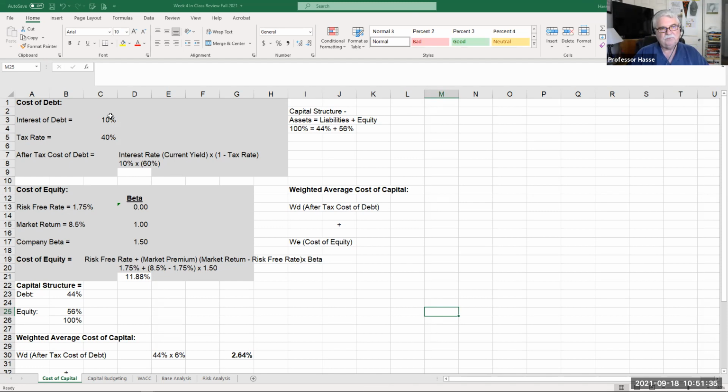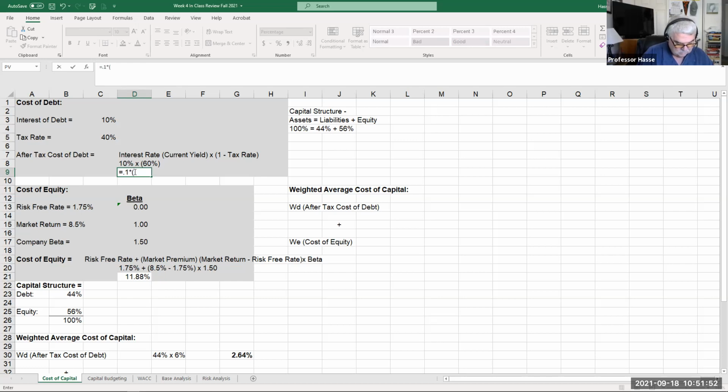If I take 10% times 1 minus 40%, that's 10% times 1 minus the tax rate. So 1 minus 0.4 is 0.6, and we get a 6% after-tax cost of debt.